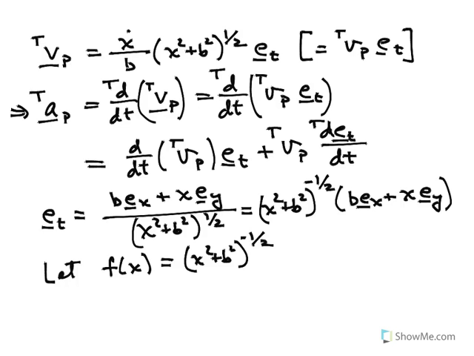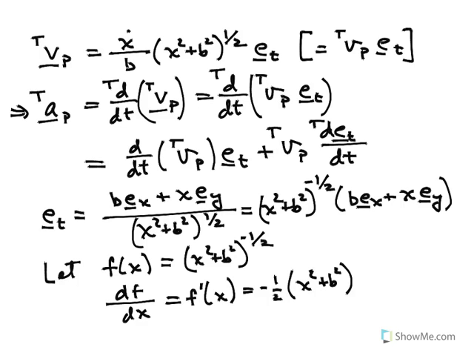Now, given that (x squared plus b squared) to the minus 1/2 is f of x, we know that df/dx, which we'll define as f prime of x, is going to equal minus 1/2 times (x squared plus b squared) to the minus 3/2 times 2x, which is equal to minus x times (x squared plus b squared) to the minus 3/2. That's a 3.